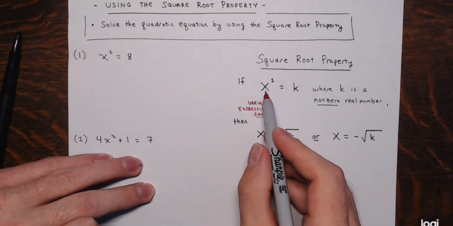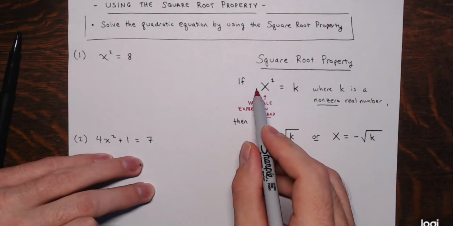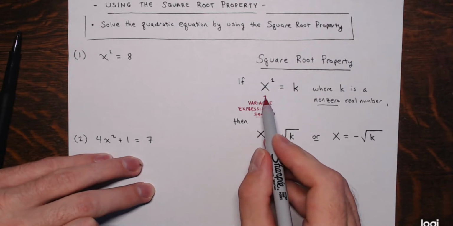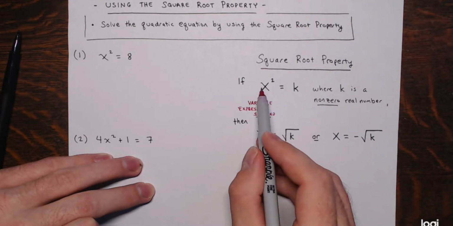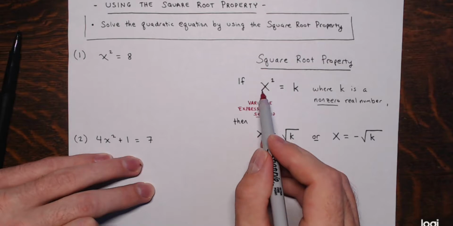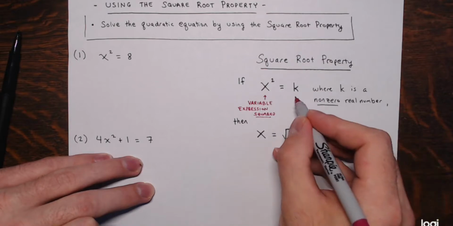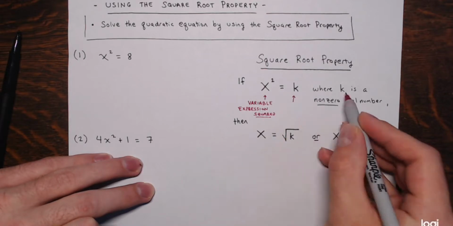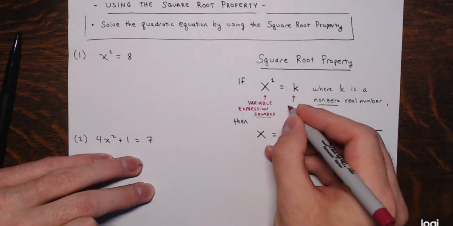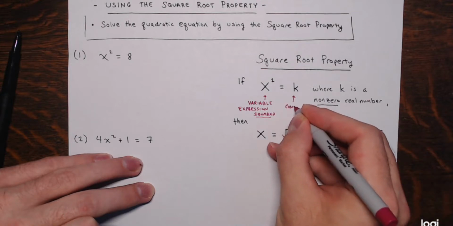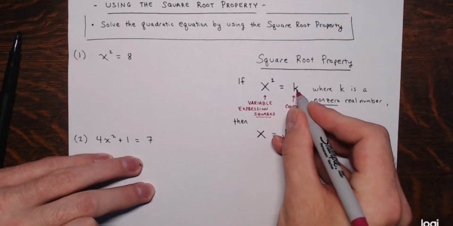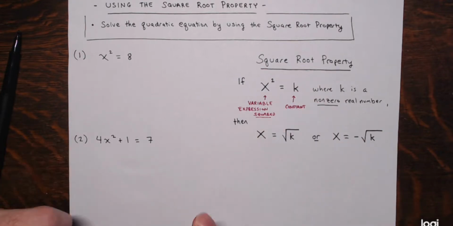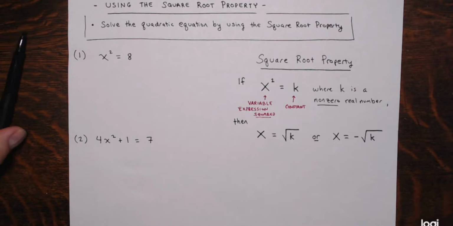Notice there's nothing multiplied by it. It's not divided by anything. You're not adding anything to it, subtracting anything to it. It's the square isolated. And then on the other side, I already mentioned K is a non-zero real number, but it is a constant. Right? Meaning that there are no variables on the other side, right? Just a number, a real number.